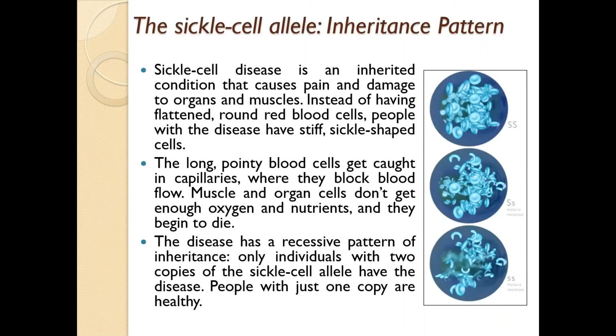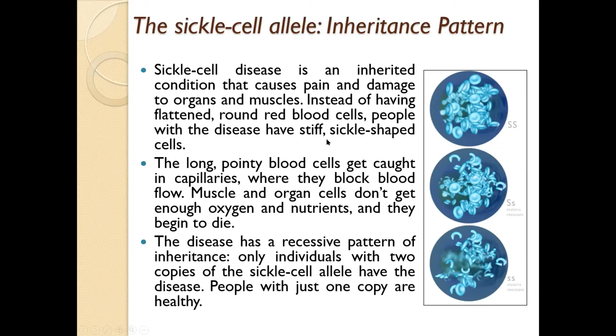So let us look into the case of the sickle cell inheritance pattern. Sickle cell disease is an inherited condition that causes pain and damage to organs and muscles. A healthy red blood cell, like this one, is flattened, biconcave, round and good looking.